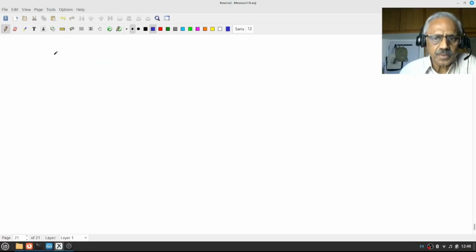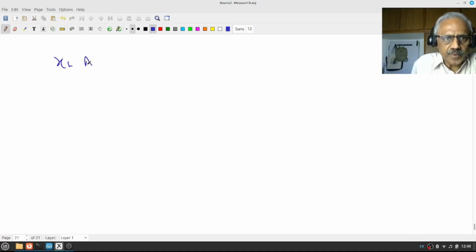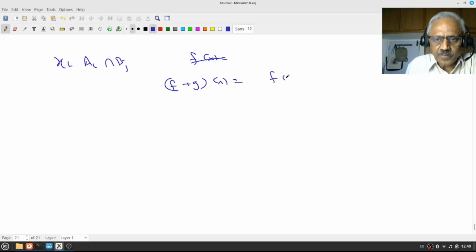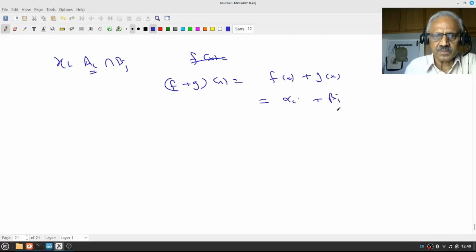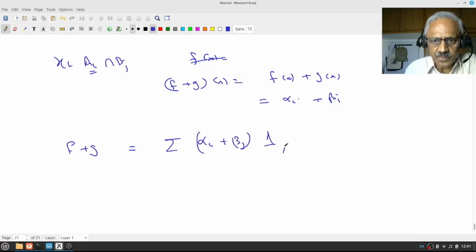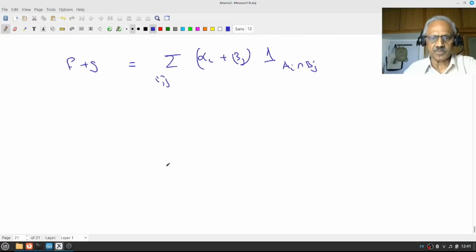So if x belongs to A_i intersection B_j, then what is f plus g at x? It equals f of x plus g of x. Since x belongs to A_i, f of x will be alpha_i. Since x belongs to B_j, g of x will be beta_j. Therefore, f plus g equals summation of alpha_i plus beta_j into the indicator function of A_i intersection B_j, i running from 1 to m, j running from 1 to n.